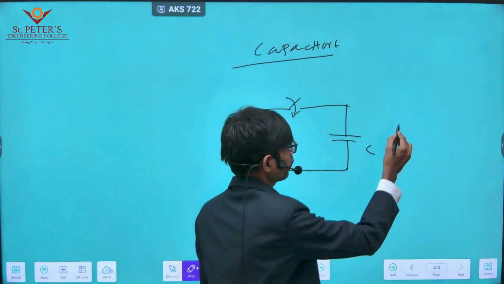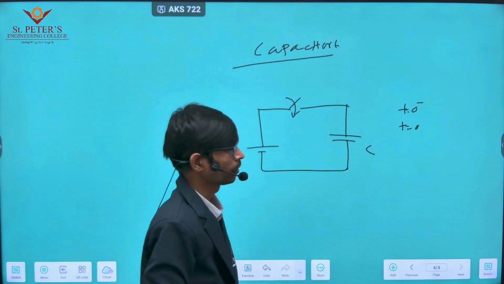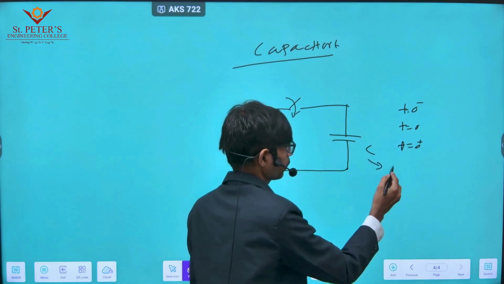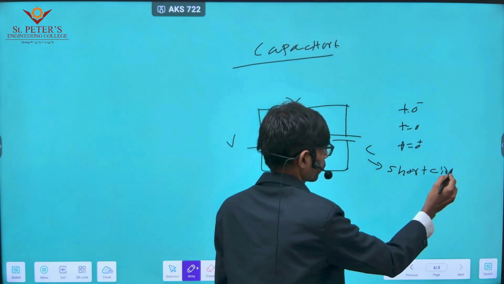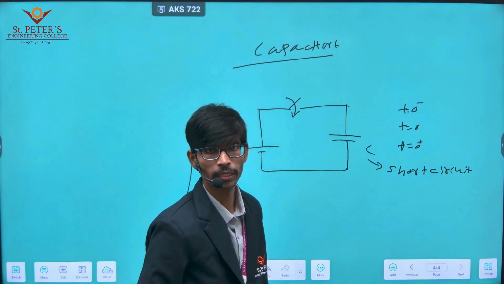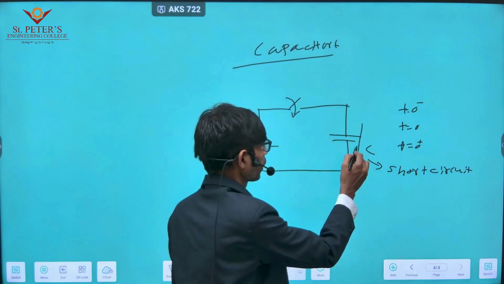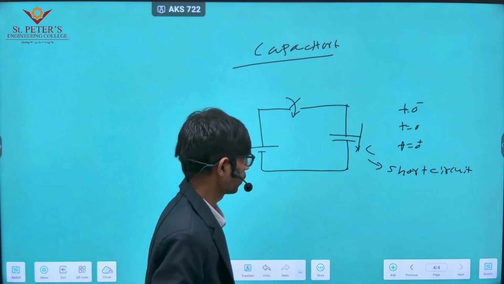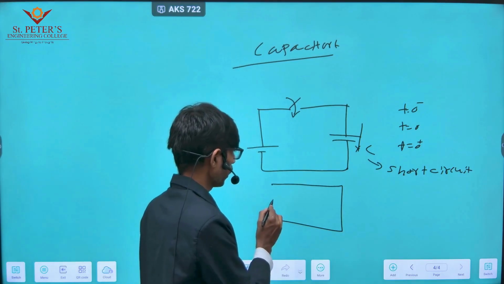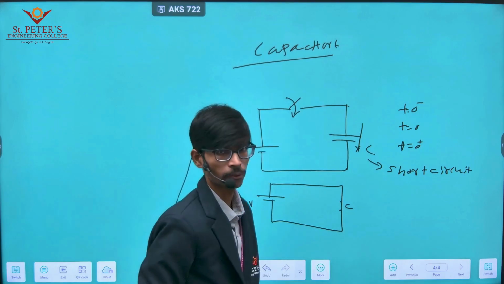After switching on at t equals 0, the capacitor acts as a short circuit, because the property of the capacitor is that it opposes sudden change in voltage. As it opposes sudden change in voltage, there is no problem in flowing the current, so the capacitor acts as a short circuit. The equivalent circuit diagram will be like this: voltage and the capacitor short circuited.